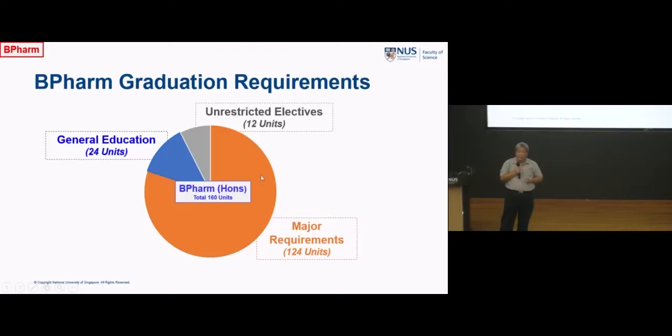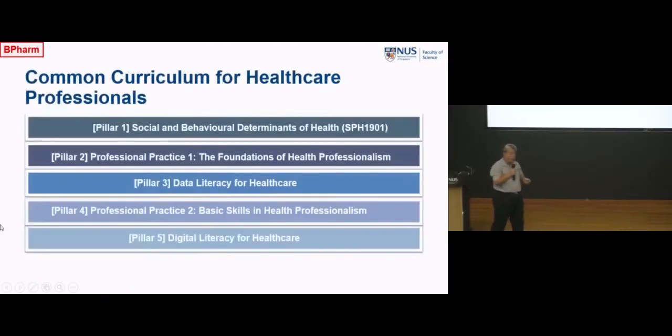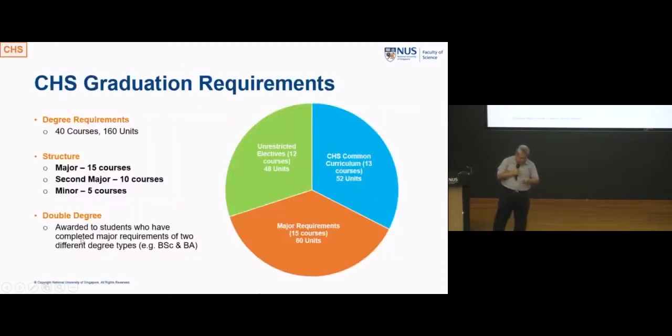Whereas for the pharmacy people, you will have to do the common curriculum that is actually for healthcare professionals. For the rest of you who are in CHS, this is your structure. You have a common curriculum, and then a major requirement, and of course, unrestricted electives.